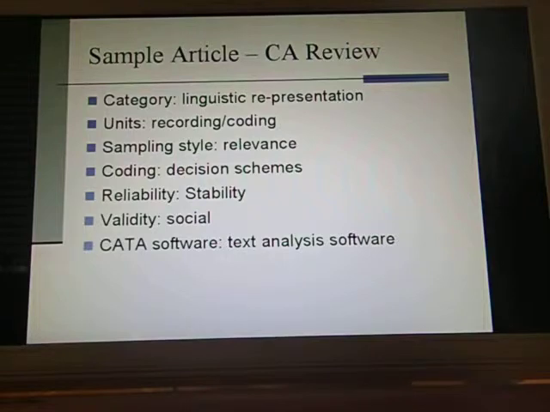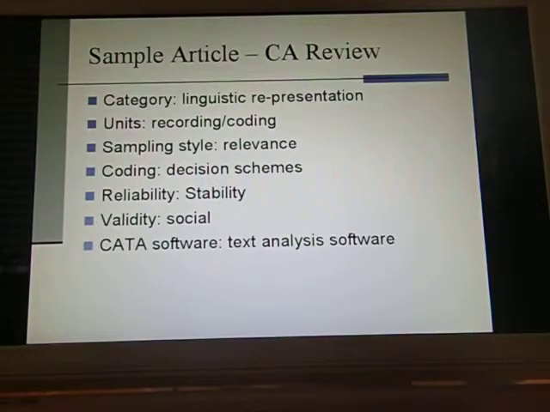The sampling style that I believed was used was relevance, and this is because there are a large number of romantic comedies that are available out there, and so they took steps in order to narrow down the list to the most relevant ones to them.